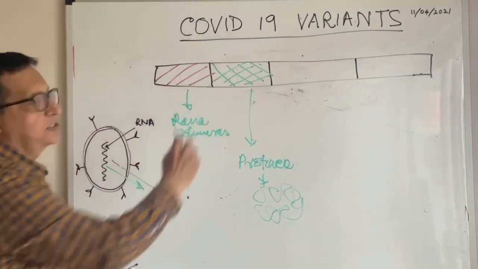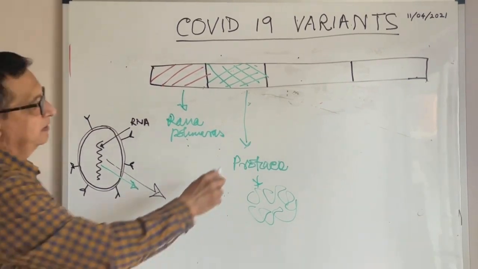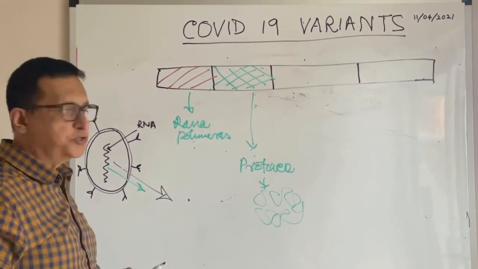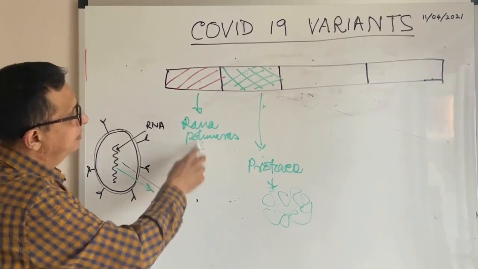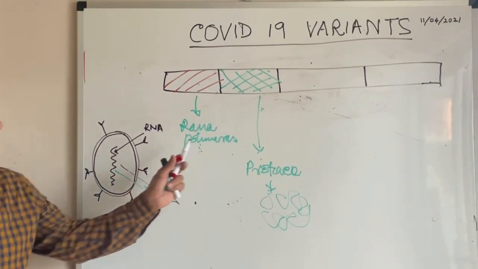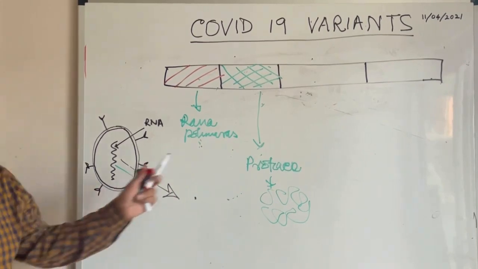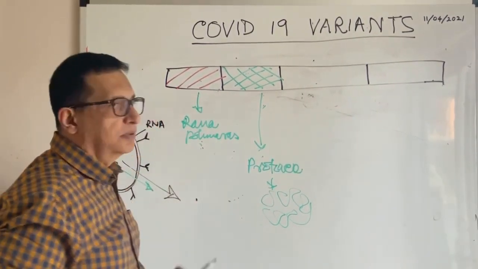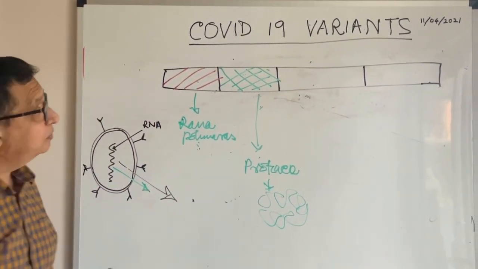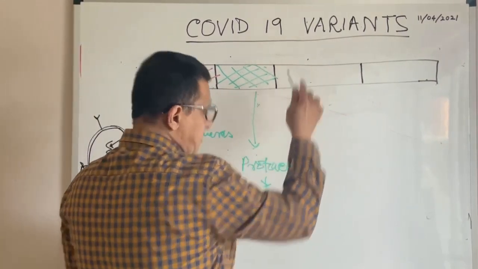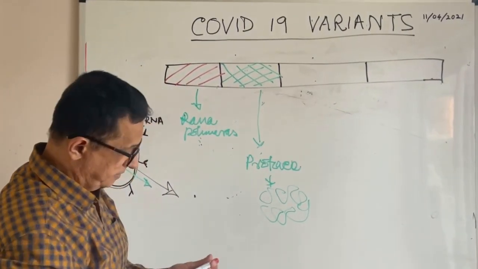So this part of the genome is responsible for this job, and this part of the genome is responsible for RNA polymerase action. So what is the third part?